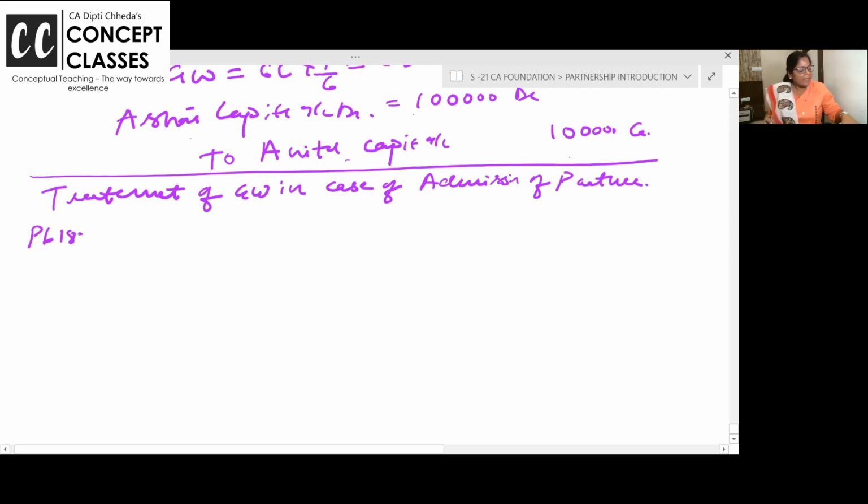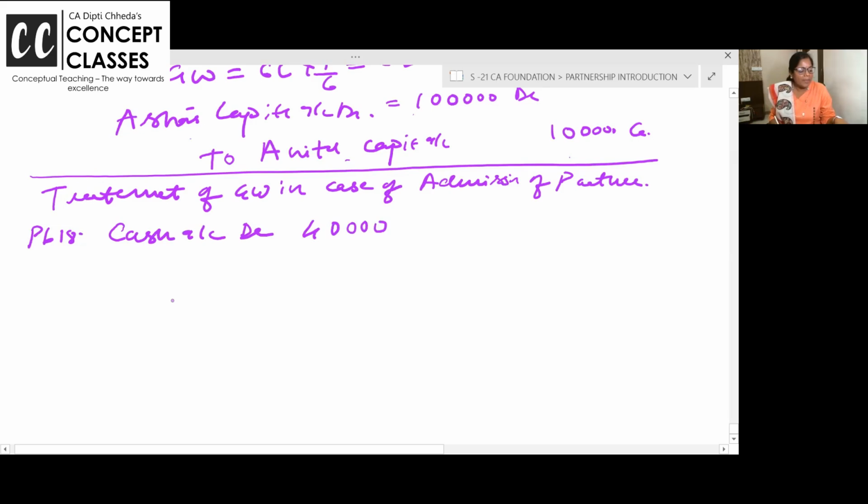A, B, C are partners. They wanted to add D in the partnership with 1/5 share. And D is bringing 30,000 as capital and 10,000 as premium for goodwill. So what will be the first journal entry?